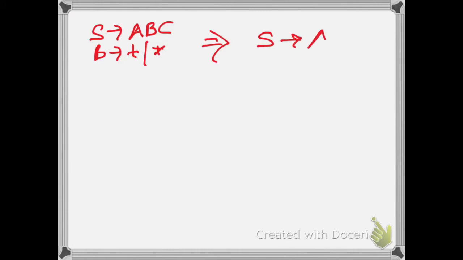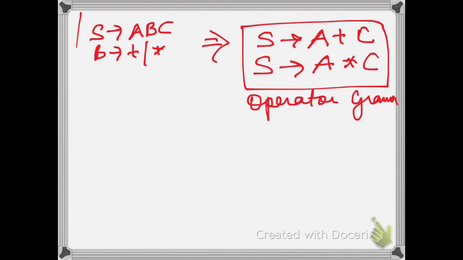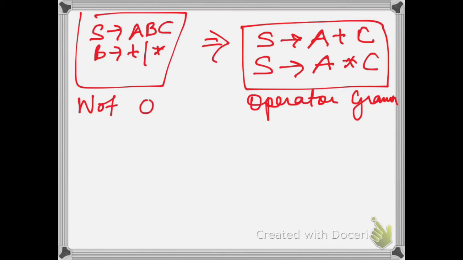So I can rewrite this by replacing B by plus, or I can also replace B by star. So I get these two productions. Now this grammar that I have got here is an operator grammar. This one here is not an operator grammar, so we can rewrite the grammar to make it one.